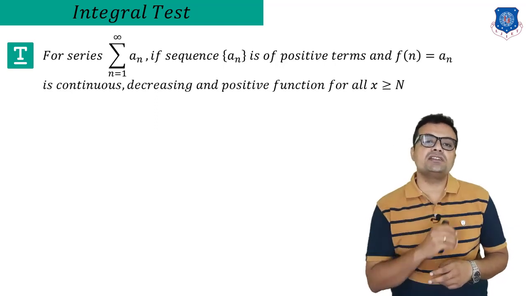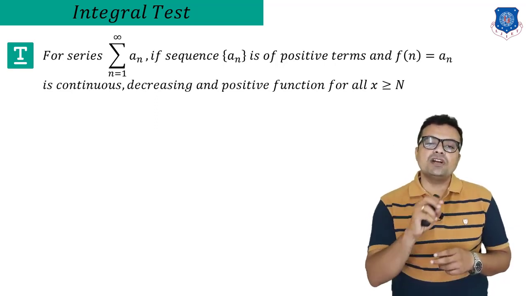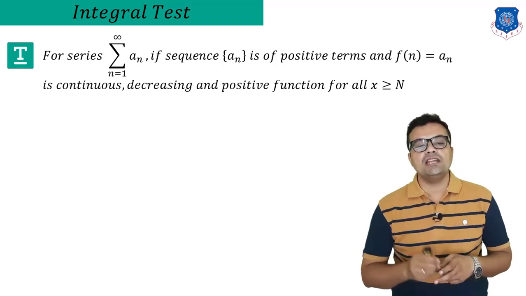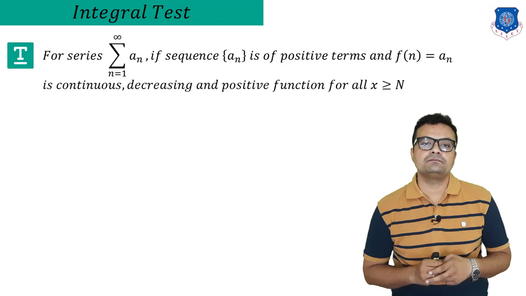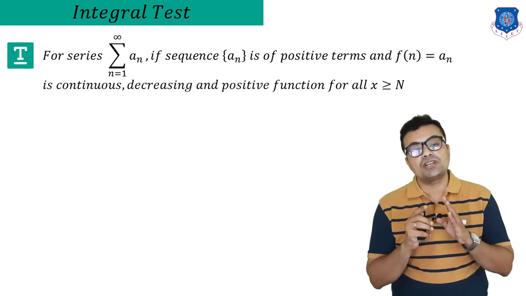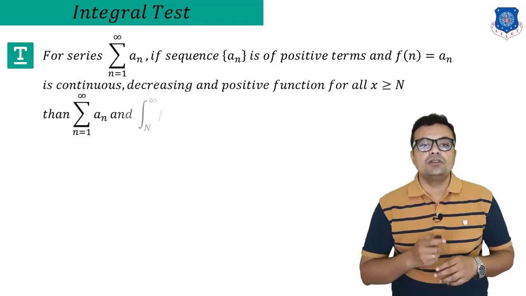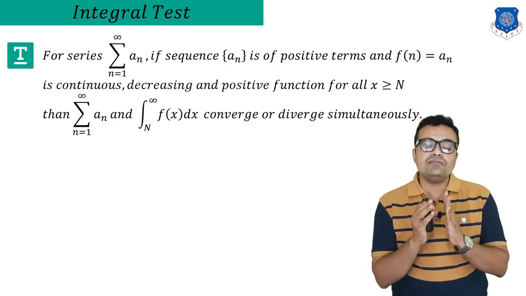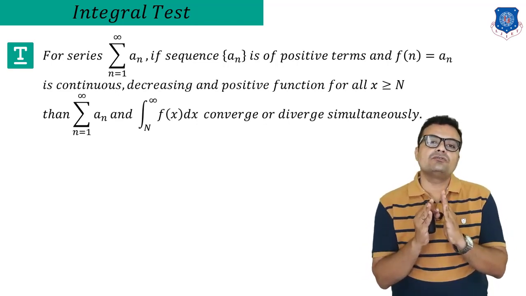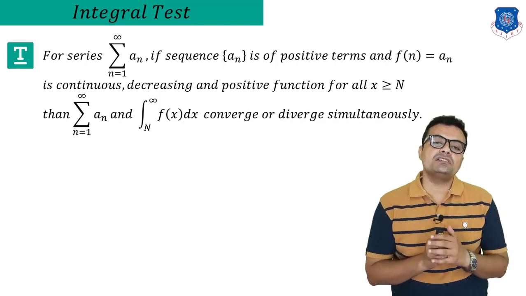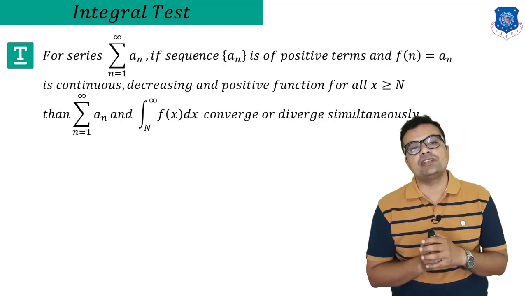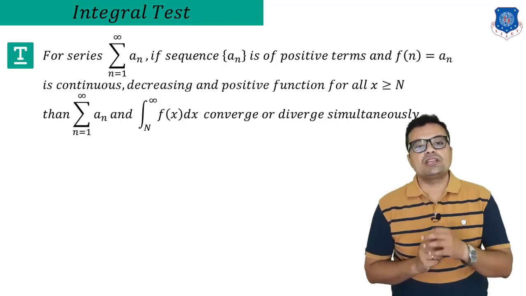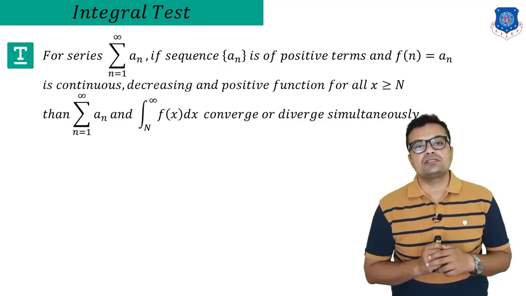If all these three conditions are satisfied, we can define a function on these values of a n, which is given by f of n. And if these conditions are satisfied, we can go for its integration also. So if that particular part from capital N to infinity is considered in the calculation of the integration, and if that integral is finite, for sure we can say that this series is convergent.